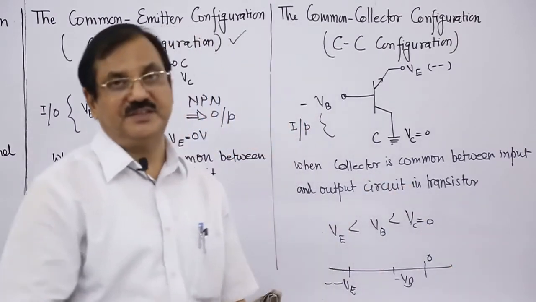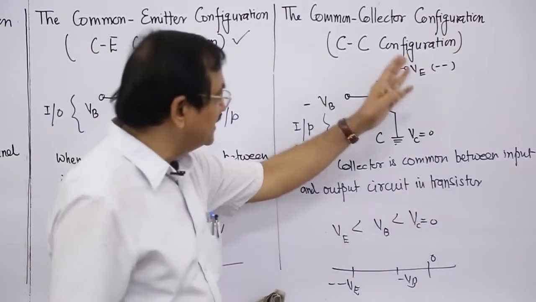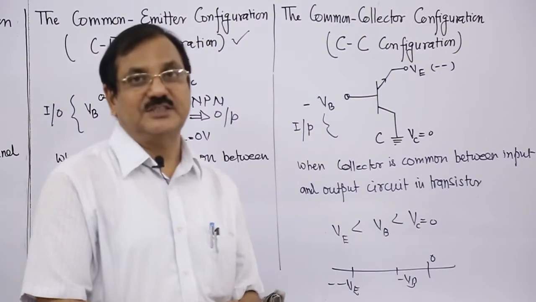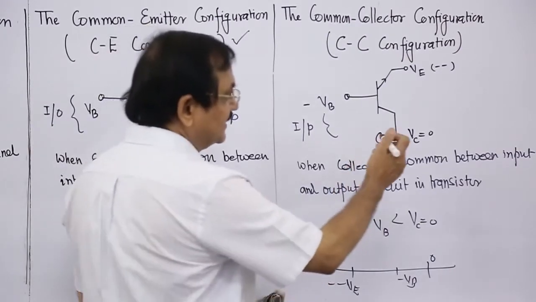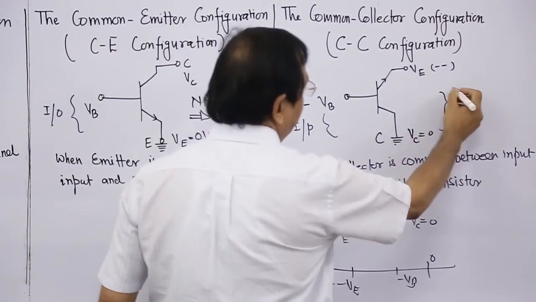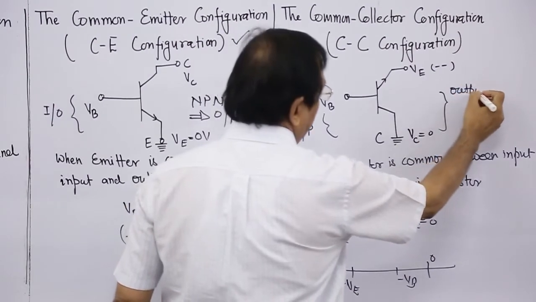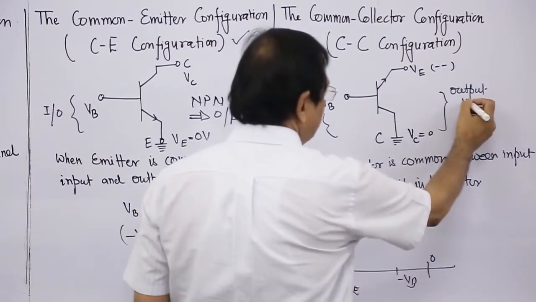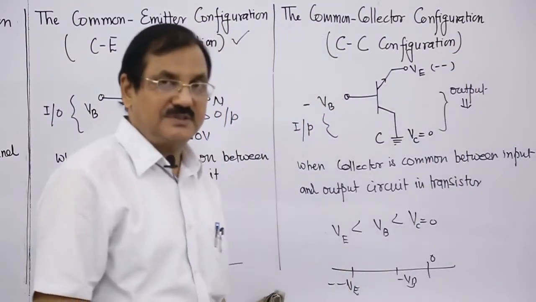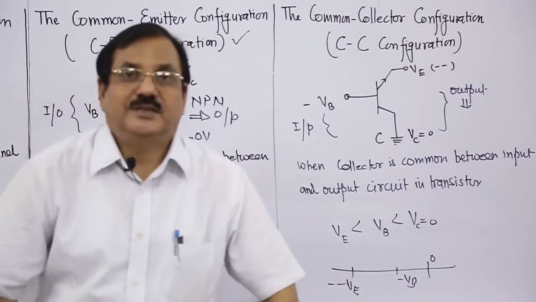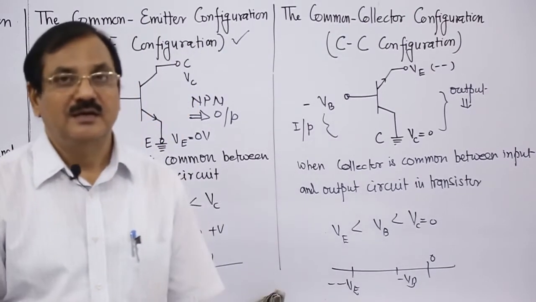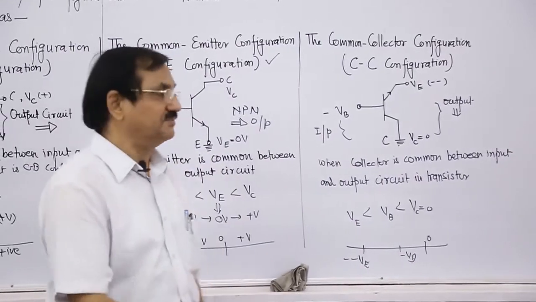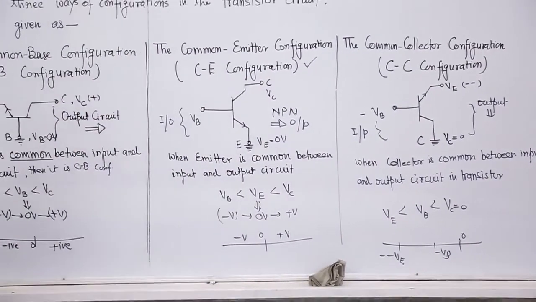This is the circuit configuration. In this circuit, the output is of the least application. The application area is the emitter follower, when gain is less than 1.